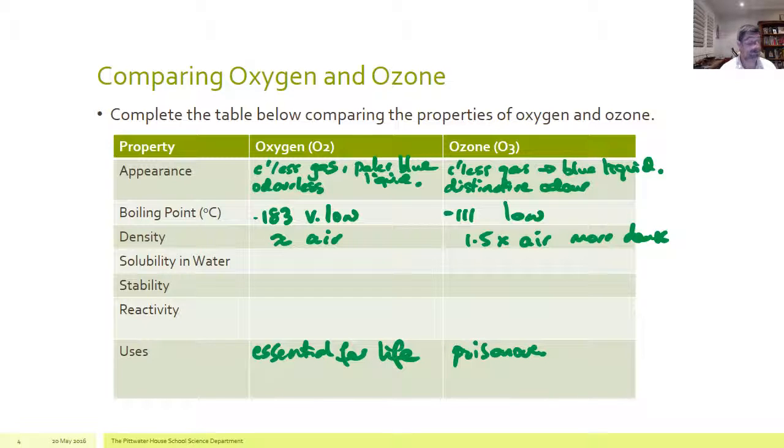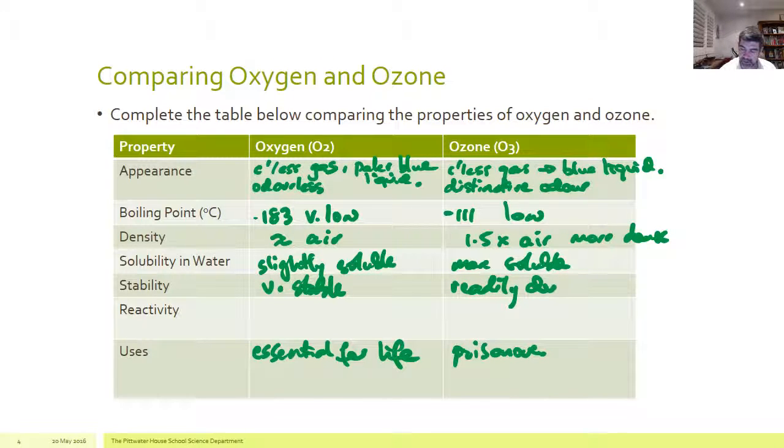The solubility is slightly soluble for the oxygen and more soluble for ozone. Stability, well, this is what we've looked at a little bit in one of the previous slides as well. And stability is reasonably stable for oxygen and readily decomposed for ozone.